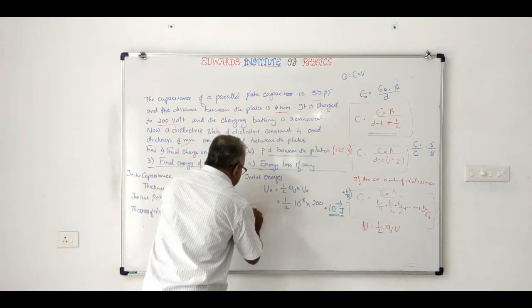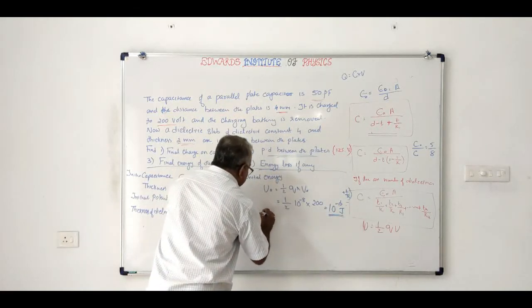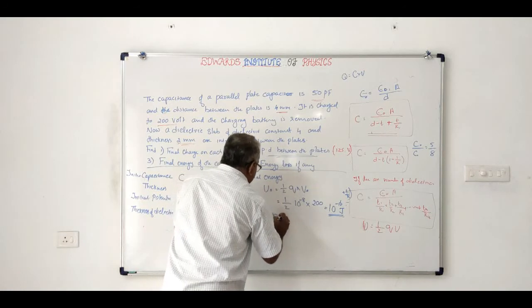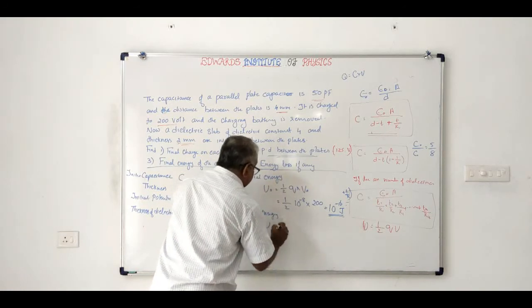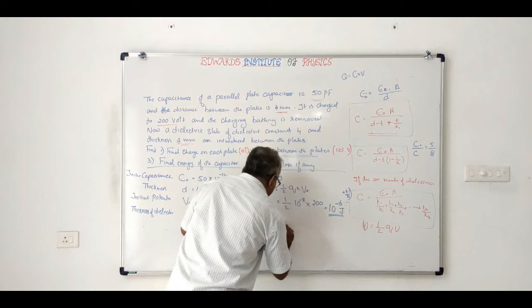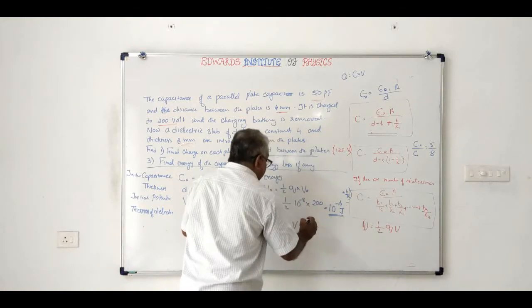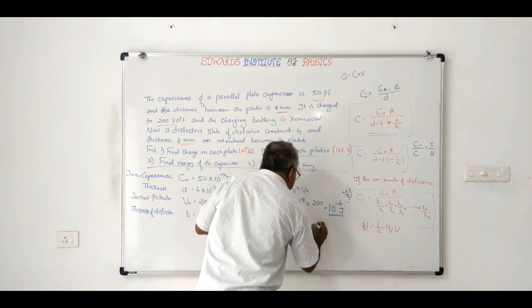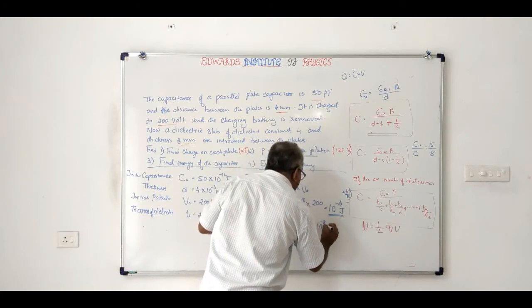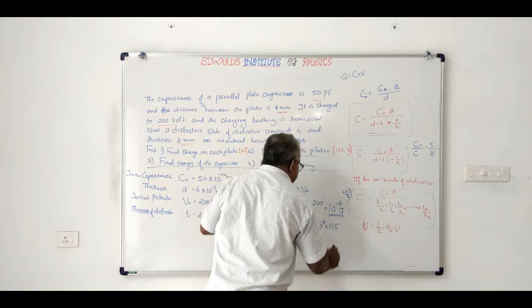Now what will be the final energy? Final energy U will be equal to half into Q into V, which is half into 10 raised to minus 8 into 125.